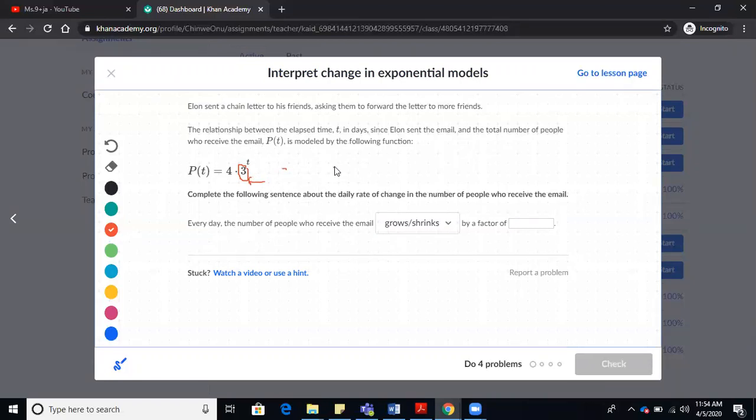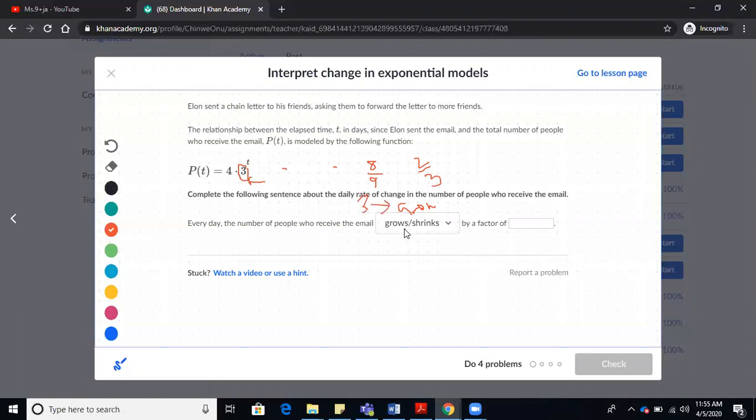For example, 3 is greater than 1, so I know this is going to grow. If it was a fraction with the top less than the bottom, like 8/9, then I would say shrink, because that is less than 1. That's less than 9/9. If it was like 2/3, that would all be shrink.